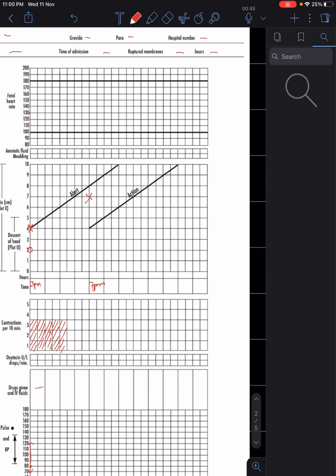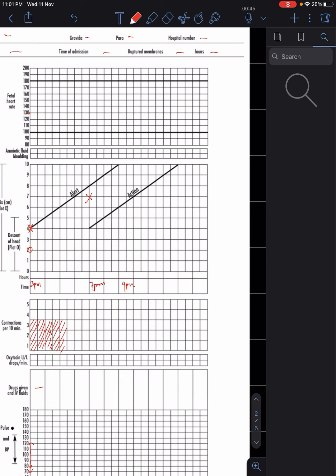So I have started her on oxytocin. We are continuing the same scenario. We have started her on syntocinon, supposing, right? Now after 2 hours, I would like to check if she has progressed or not. If she has wonderfully progressed and she is 10 centimeters, wonderful, voila, we have done what was needed and she will deliver beautifully. If she does not progress even at 9 p.m.